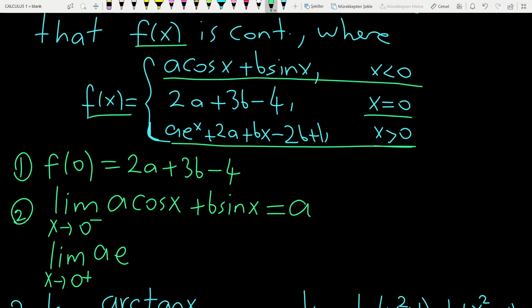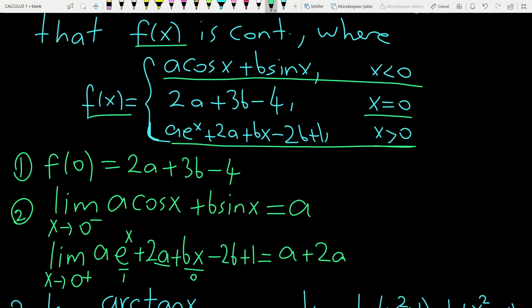a e to the power x plus 2a plus bx minus 2b plus 1. When x tends to 0, this becomes 1, and this becomes 0. So you have a plus 2a plus 0 minus 2b plus 1.